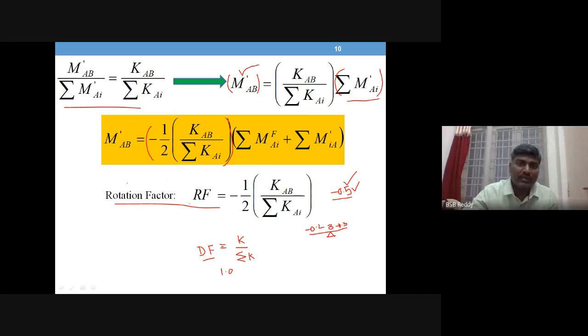You need the rotation factor multiplied by the sum of all fixed end moments.